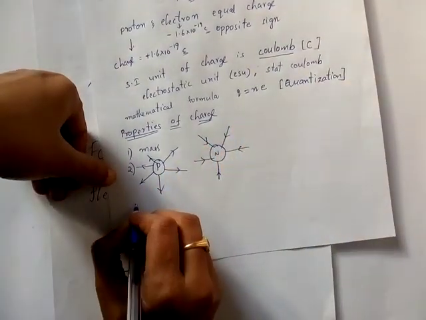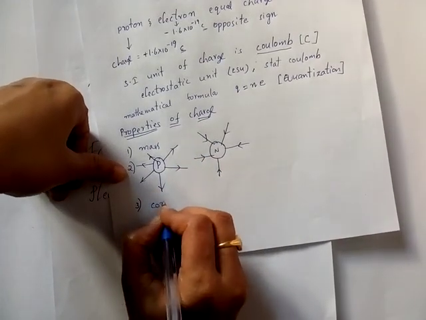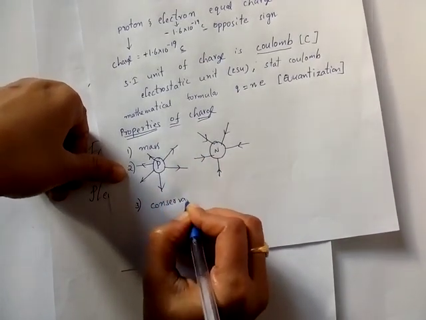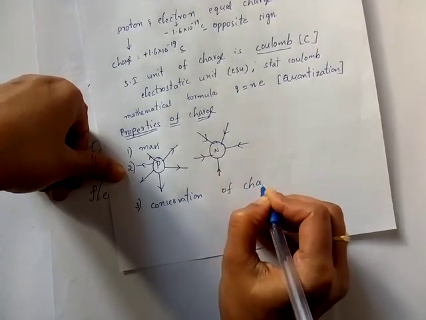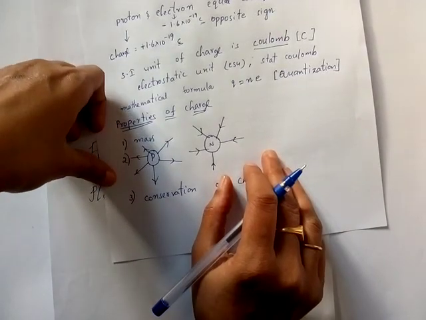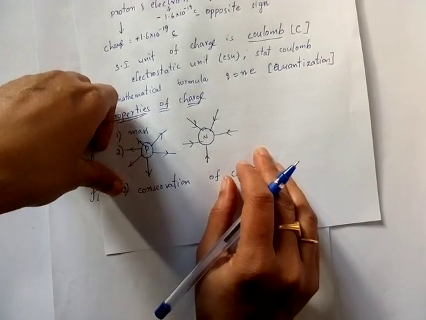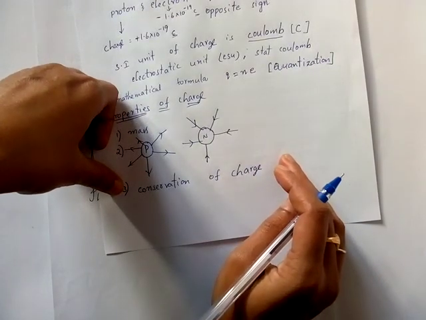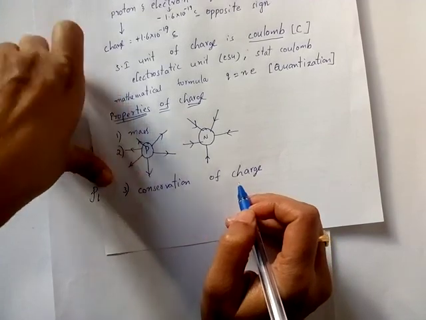And next, conservation of charge. That means in an isolated system, charge can neither be created nor be destroyed. It can be just transferred from one body to another body. That is conservation of charge.